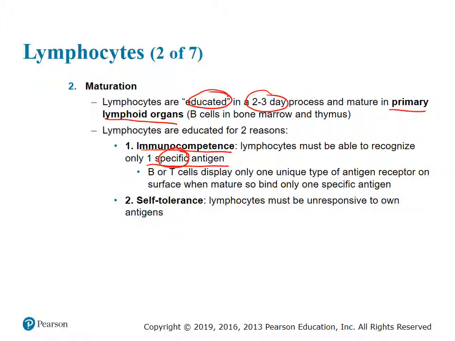Being specific, right? So again, depending on what B and T lymphocytes get made, those get sent to the red bone marrow and the thymus, and they're presented with an antigen, and they must then recognize that one specific antigen, right?